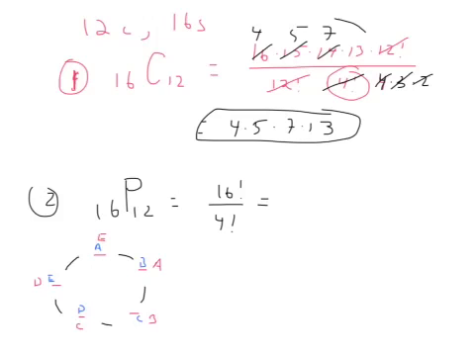So this is the answer if the seat matters. But if the seat doesn't matter, if all we care about is if order matters, we need to divide away all the different iterations that are the same people just shifting over a seat.